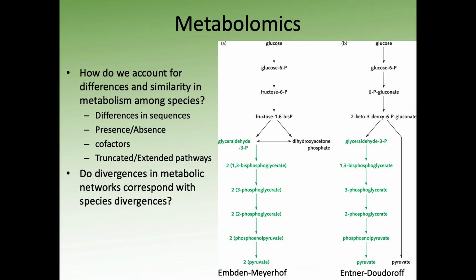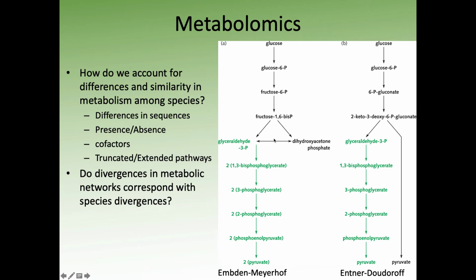An interesting example here is if we look on the right and we examine the 2 glycolytic pathways, the Embden-Meyerhof and the Entner-Doudoroff pathways. We're going from glucose to pyruvate in both cases, but in the 2 we see that these are slightly different. They're divergent pathways in how we get from one point to the other.